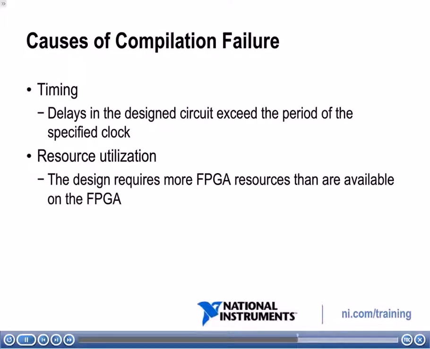In this case, your design requires more FPGA resources than are available on the FPGA. The way you've written your FPGA VI, the FPGA itself did not have enough resources to implement your design. So when your compile fails, those are the two things that you would have to go back into your FPGA VI and try to fix. We'll talk about ways of fixing timing and also making your FPGA VI more efficient on resource utilization in the rest of this course.